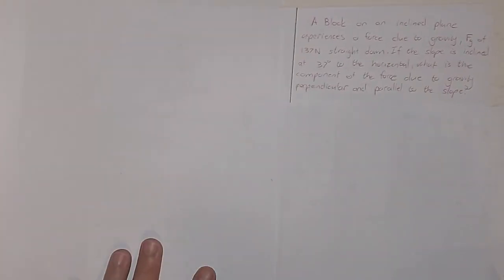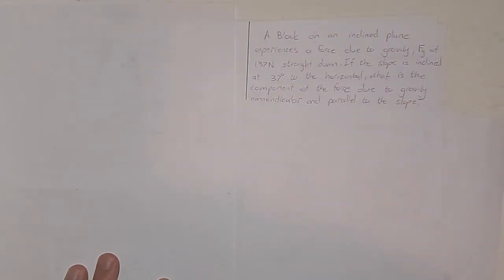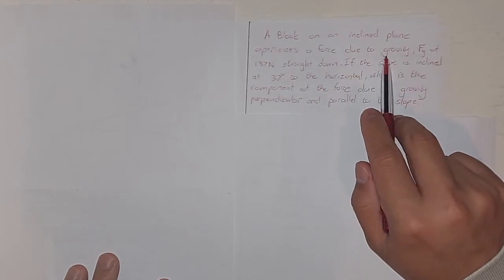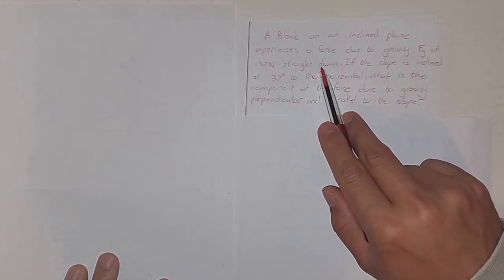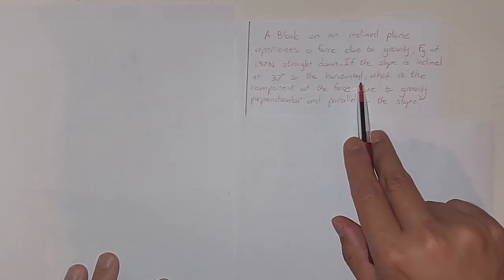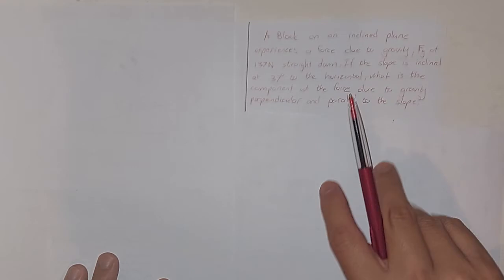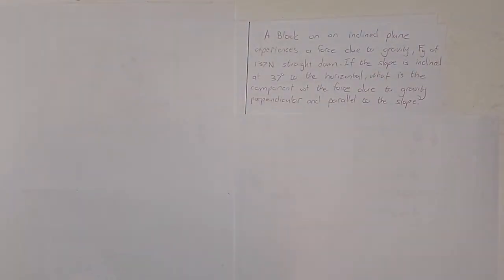Right, here is another question. A block on an inclined plane experiences a force due to gravity, Fg, of 137 newtons straight down. If the slope is inclined at 37 degrees to the horizontal, what is the component of force due to gravity perpendicular and parallel to the slope?